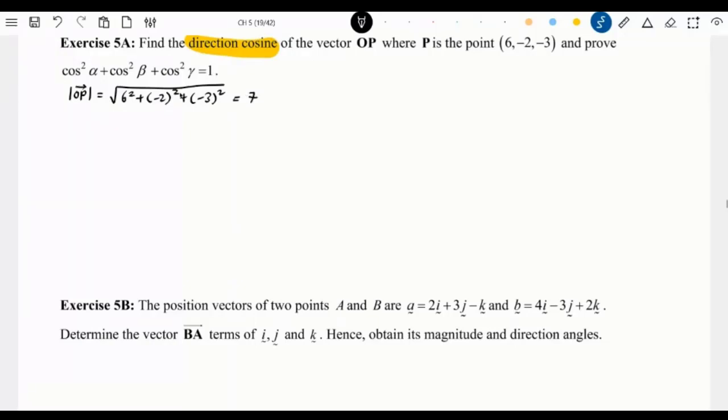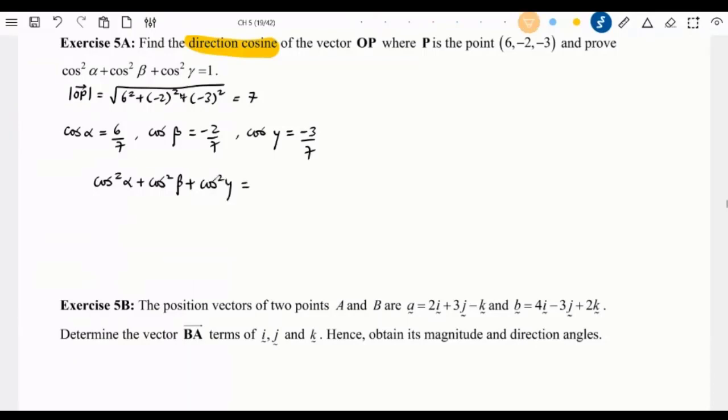Now kita nak cari direction cosine, which is cos alpha equal to 6 over 7. And then cos beta will be negative 2 over 7. And then cos gamma will be negative 3 over 7. So you have to prove this part. So we make it as a subject, which is cos square alpha plus cos square beta plus cos square gamma.